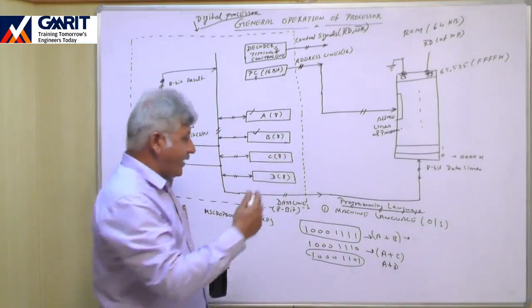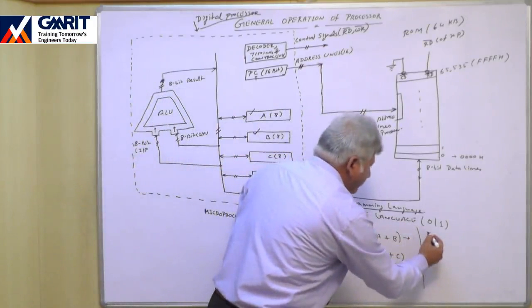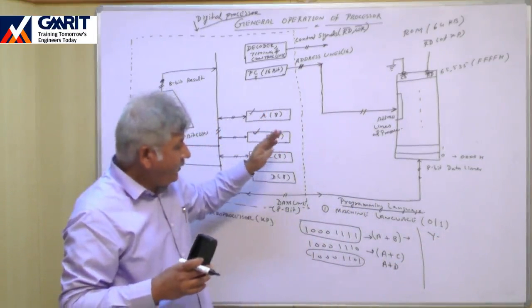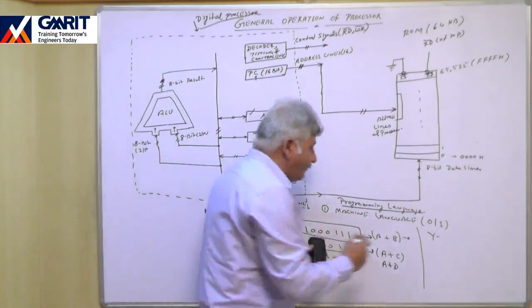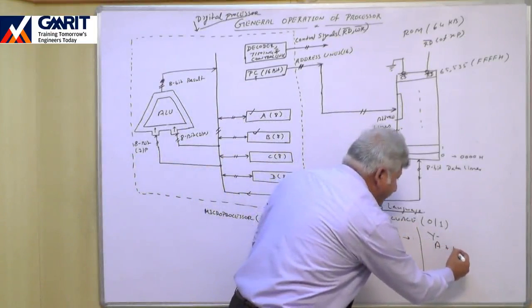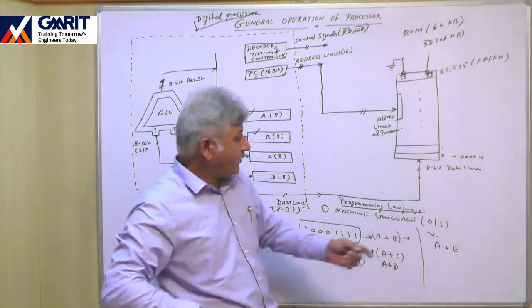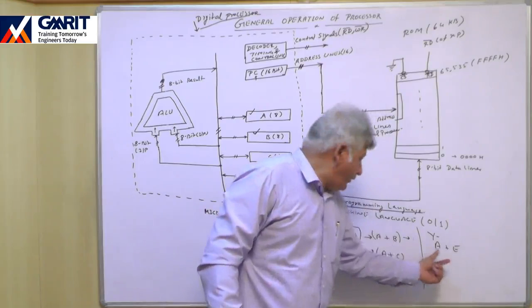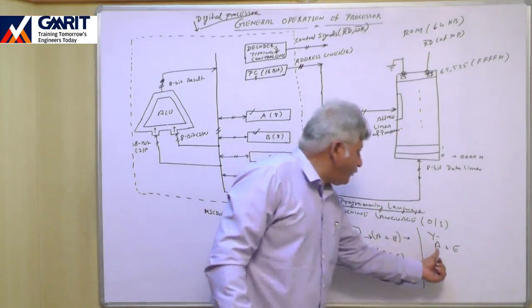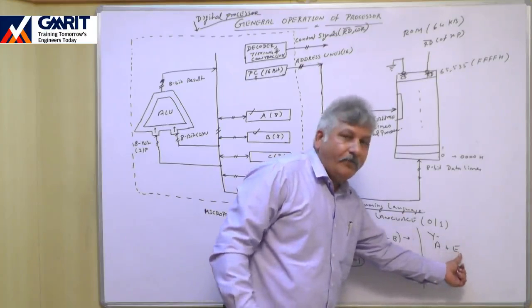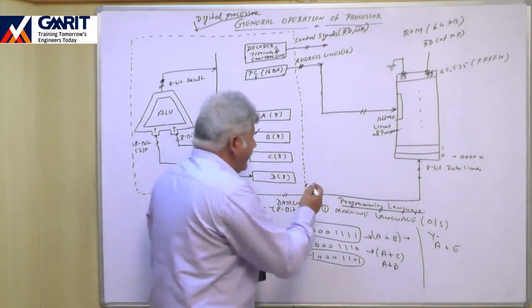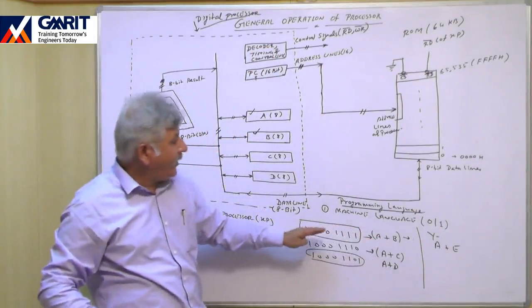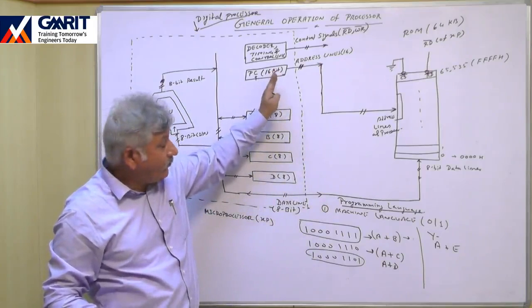Maybe there may be chances that some other company, suppose company Y, has designed a processor in which this binary pattern may add the content of A with the content of E, because in that processor maybe there is another register, E register, and with this binary pattern in our processor we want to add the content of A with the content of B. That's why if we are using this processor, we have to use the machine language of this particular processor only.